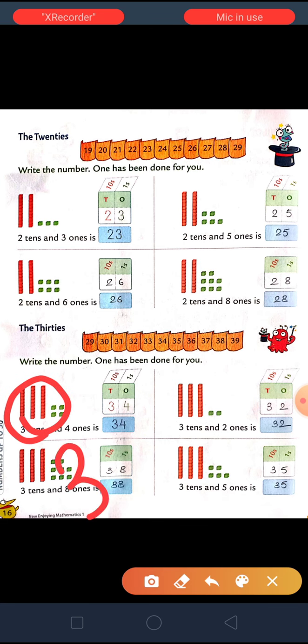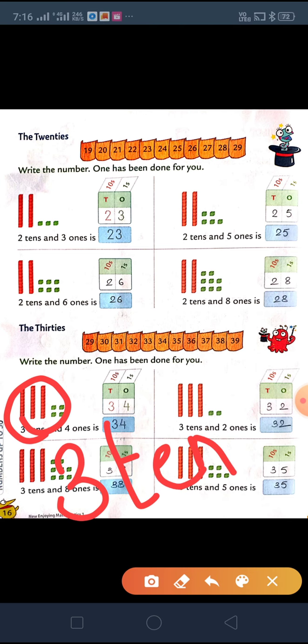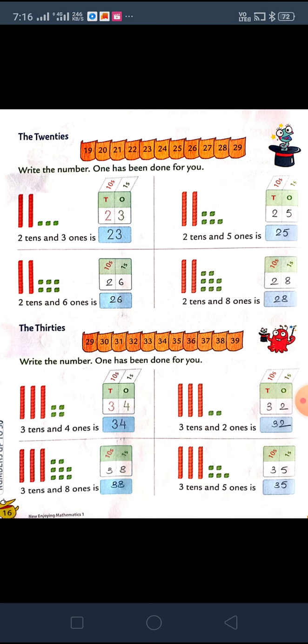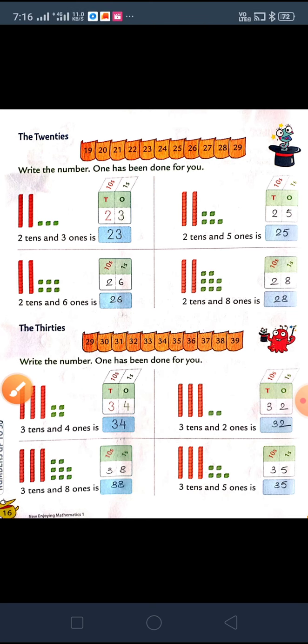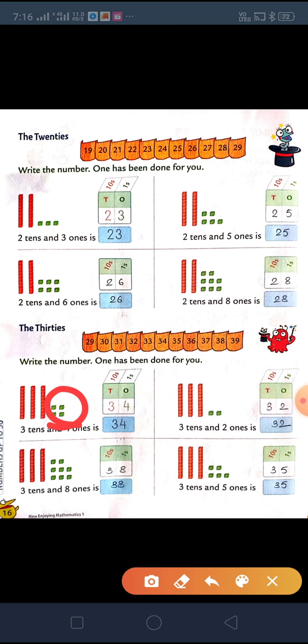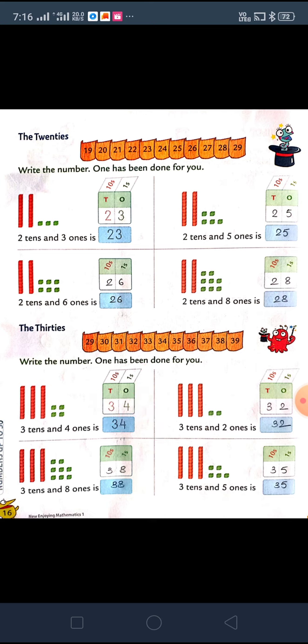So it will be 3 tens, because one block means 1 ten, 2 blocks means 2 tens, and 3 blocks of 10 means 3 tens. Now how many are extra? So 4 are extra. So 3 tens, you will write 3 in the tens column, 4 in the ones column.